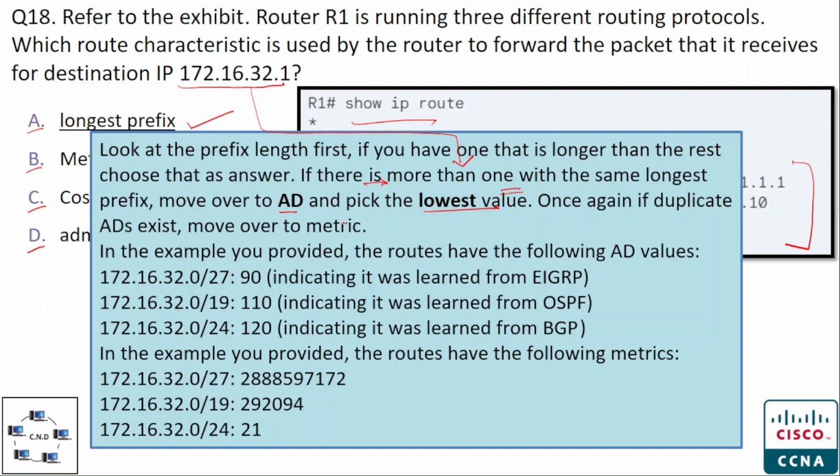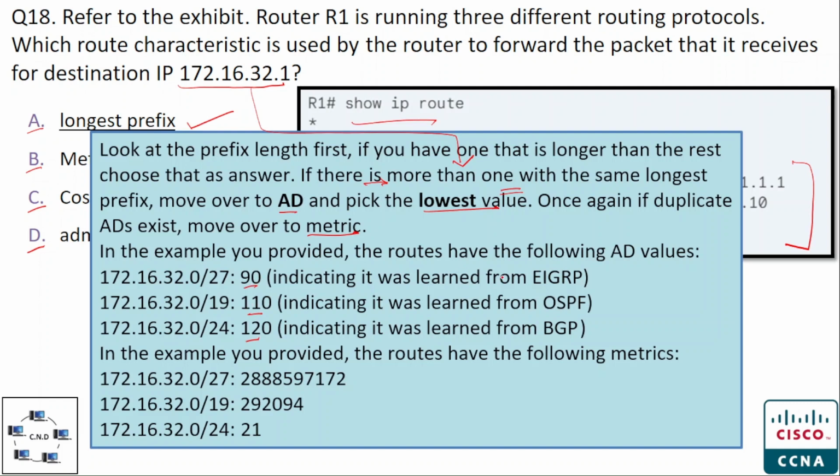Once again, if you have duplicate administrative distances in the routes, then you should move to the next criterion, that is the metric. In this example, the routes have the following administrative distances: this route has 90, the second is 110, and the third one is 120.